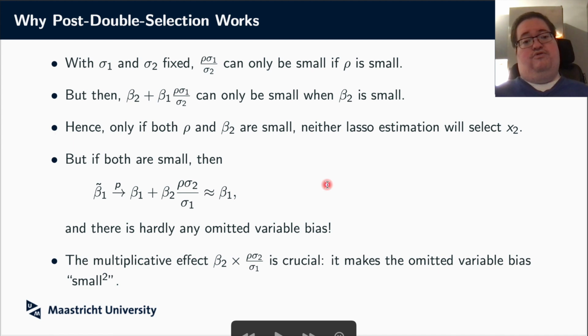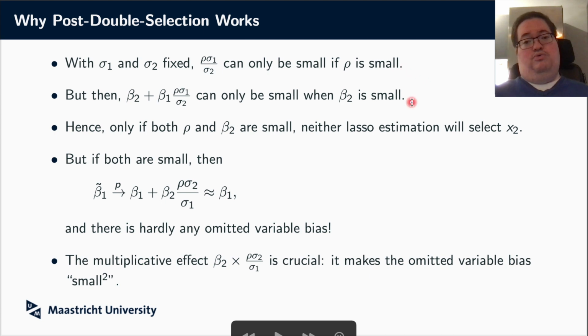We're checking first, by doing x1 on x2, is there correlation or not? And we're also checking, is beta 2 important or not? And while obviously we know that the lasso can make mistakes, that is what we know. Well, because that's of course the whole problem why it does not deliver uniform inference.